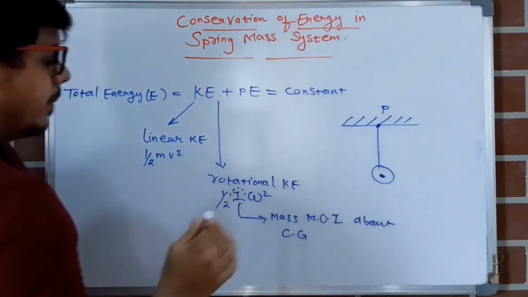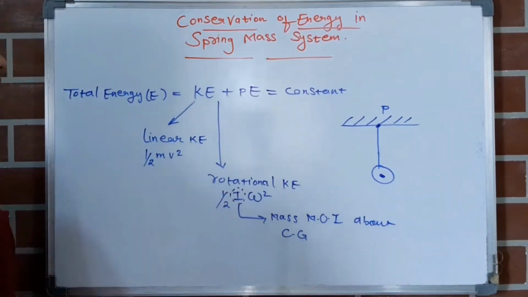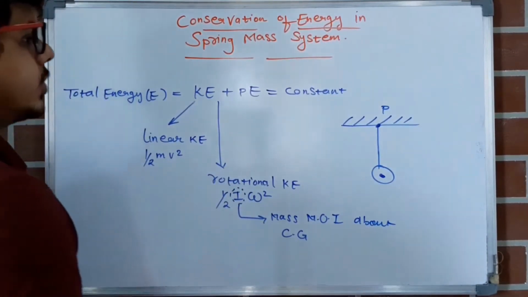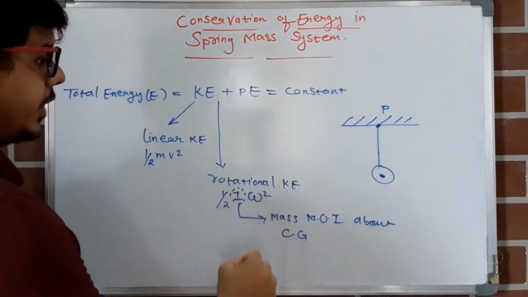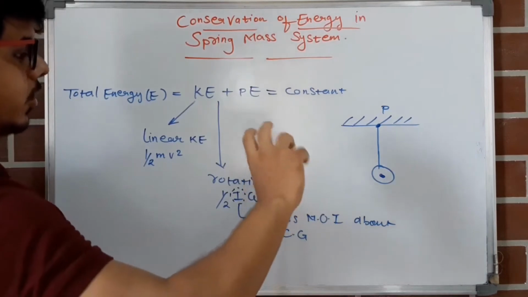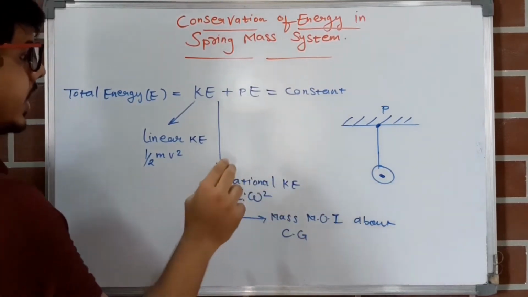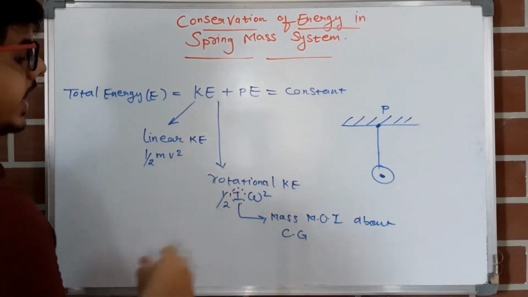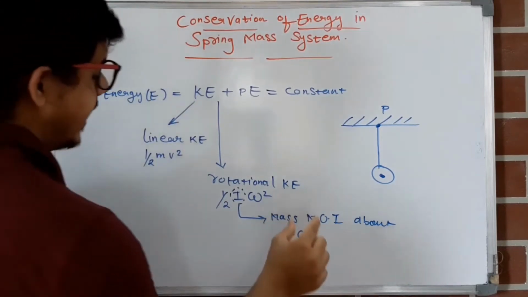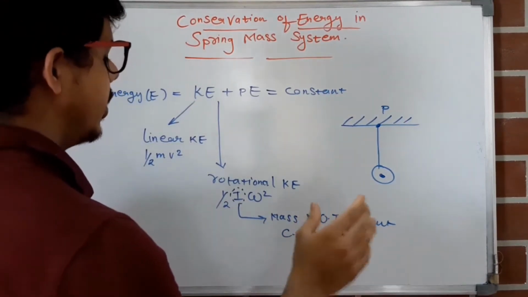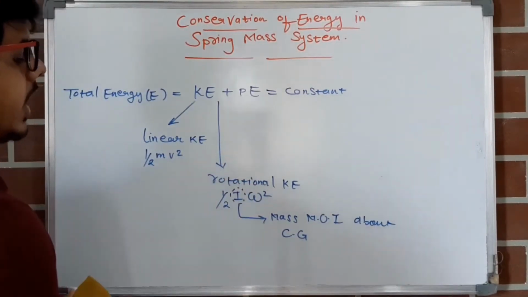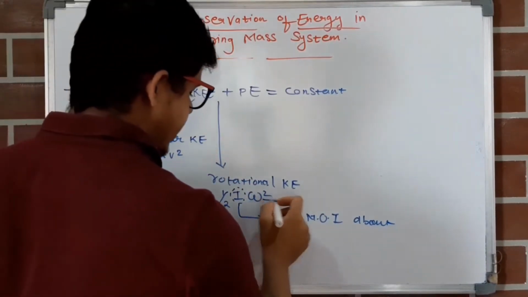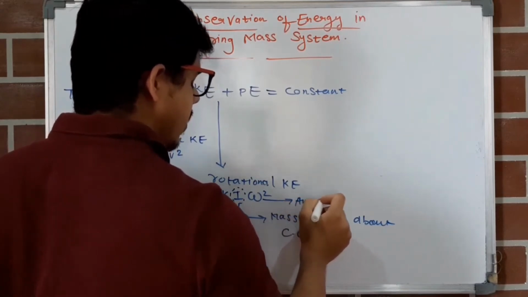So remember that in Newton's second law of motion, the mass moment of inertia is found about the pivot point, where the object is rotating or hinged. In the energy method, we find it about the center of gravity of the body. And this omega is the angular velocity.